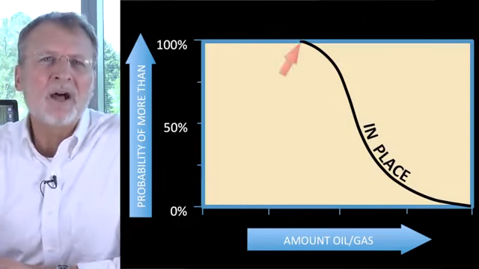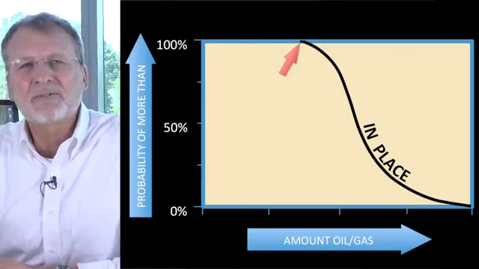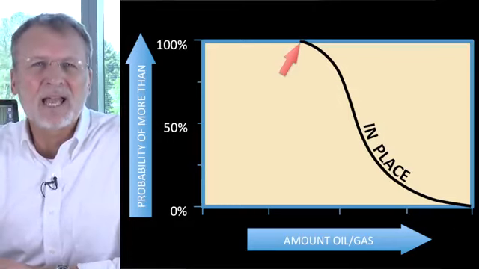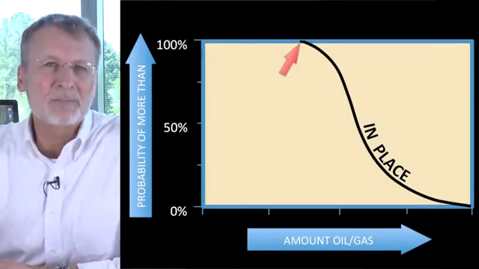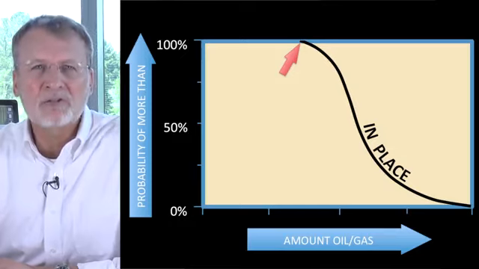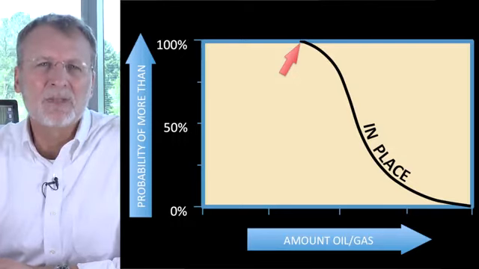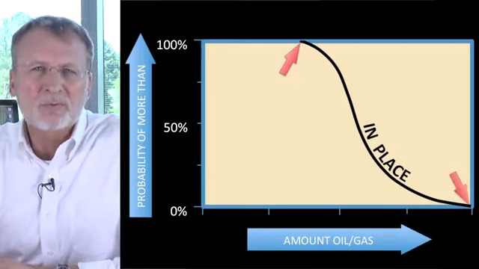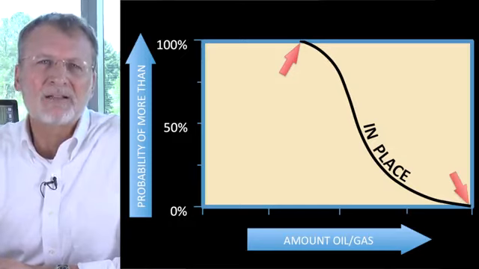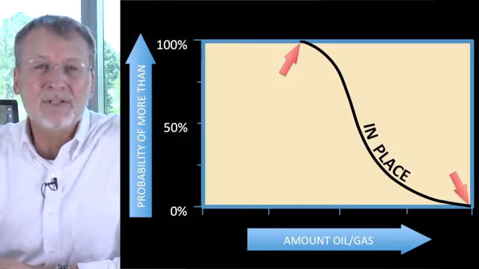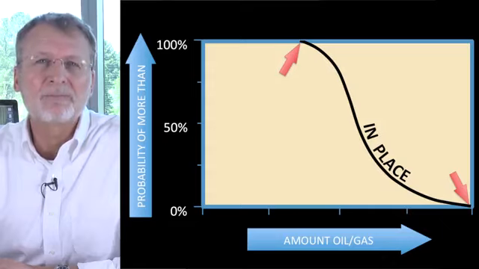The point at the uppermost left side of the curve is the amount of oil and/or gas that expert geologists and petroleum engineers contracted by the company agree is almost certainly in place beneath the company's leases. The point at the lowermost right side of the curve, on the other hand, is the largest and least feasible amount of oil and/or gas estimated to be in place.